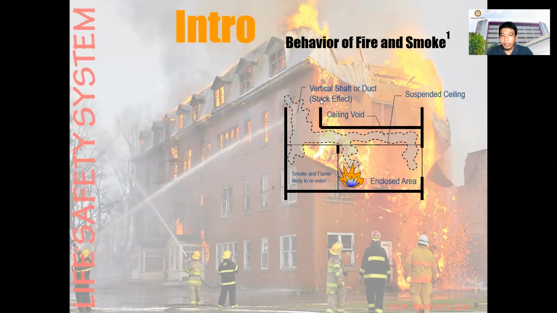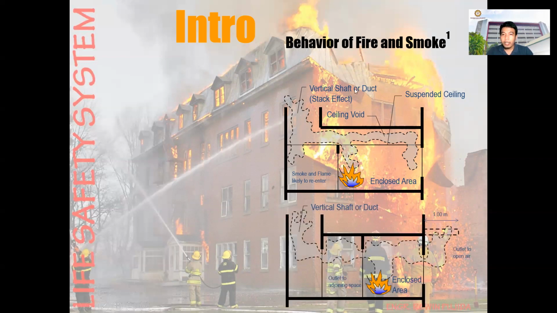You have here the vertical shaft or duct where the smoke will go through. There are also voids in the ceiling. So normally we have suspended ceiling. So the smoke usually will be in thin air.